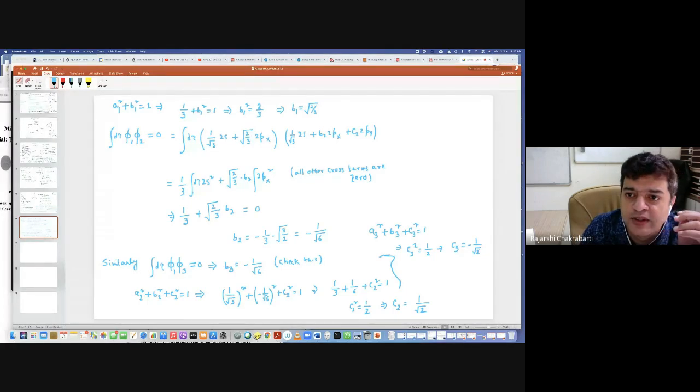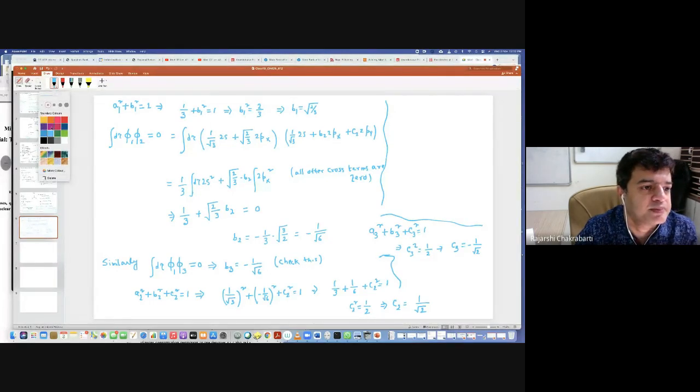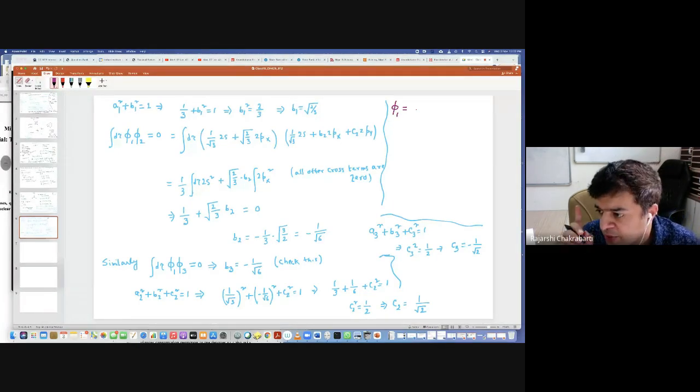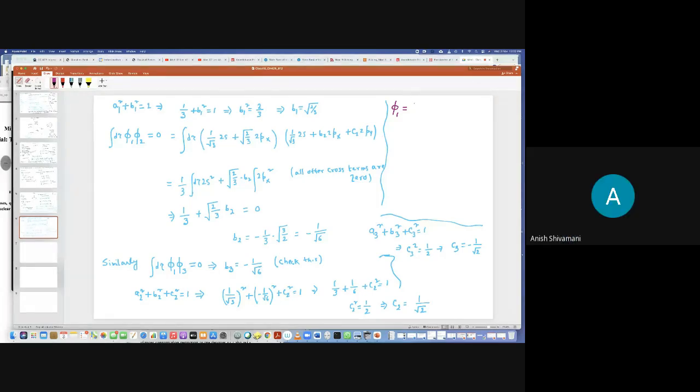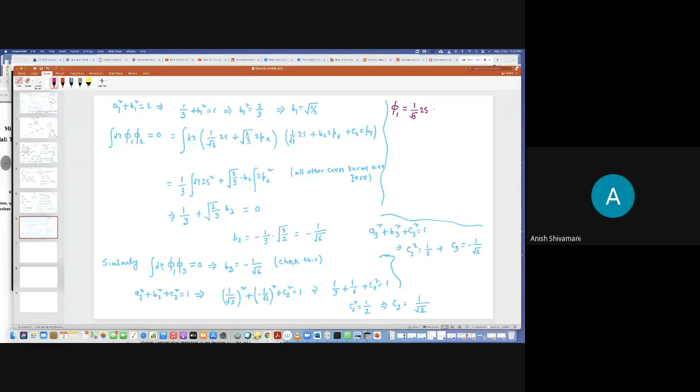Let us write down the hybrid orbitals here. Let us use a different color. So phi 1, tell me what is phi 1? I remember c3 is 0 along the x-axis. So 1 by root 3 2s plus root over 2 by 3 2px.